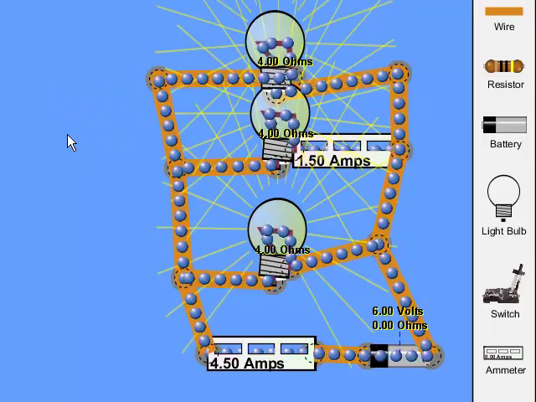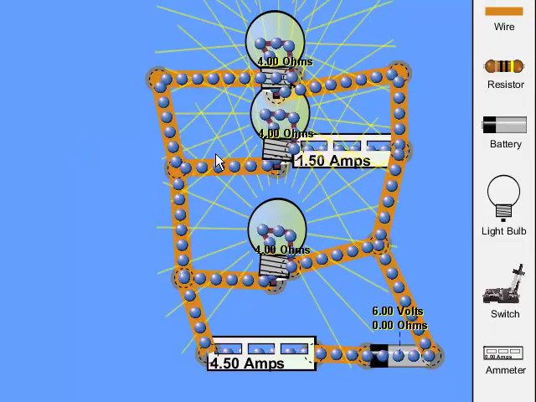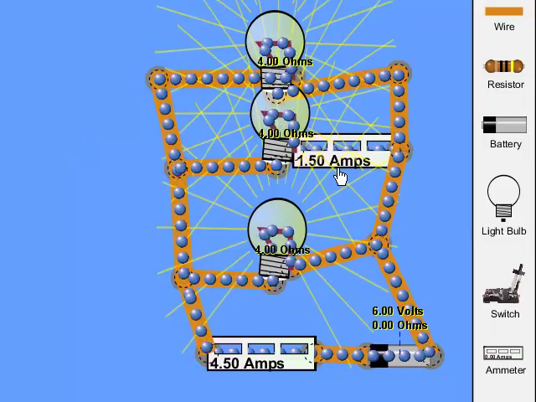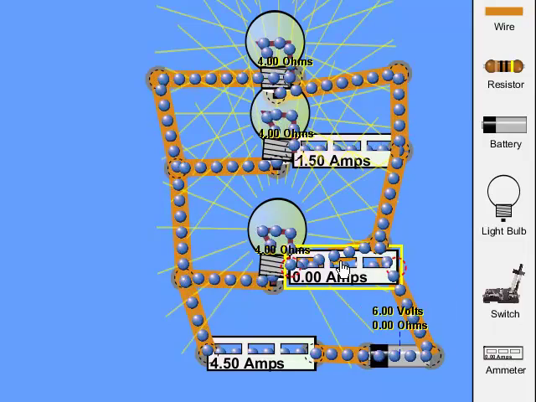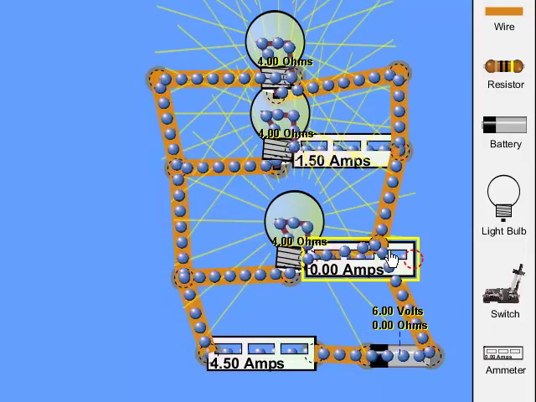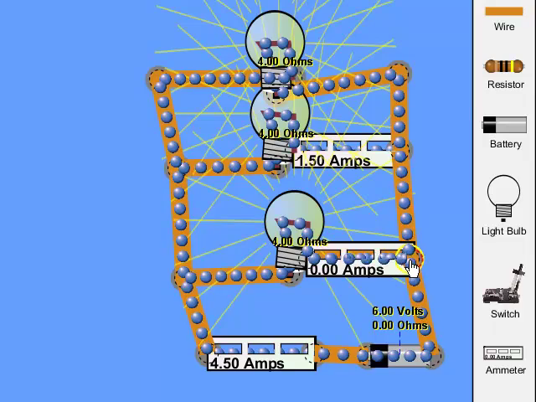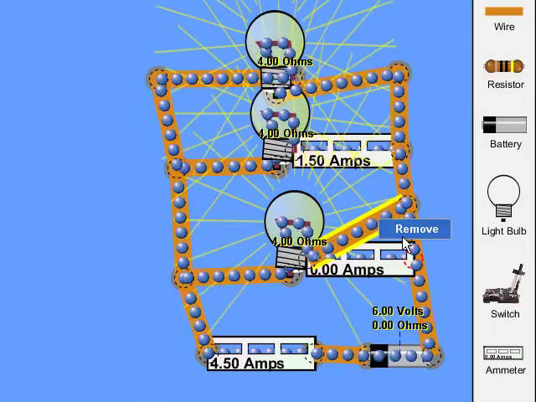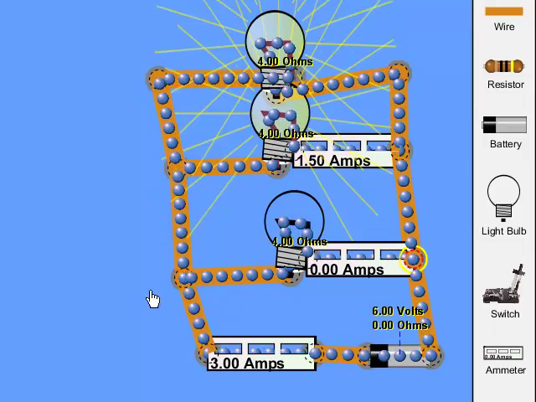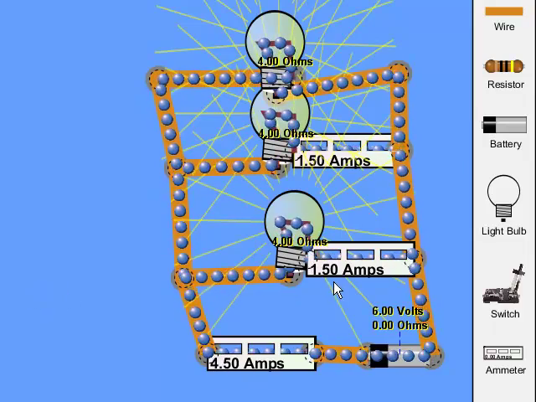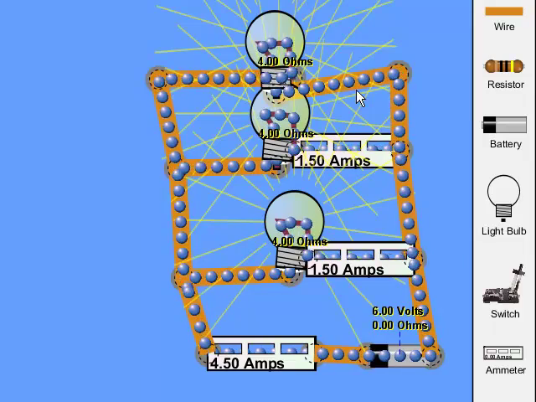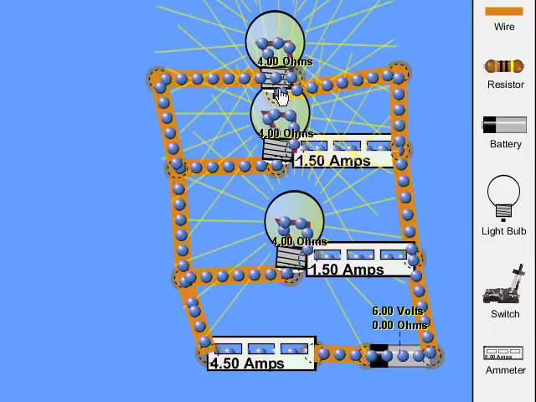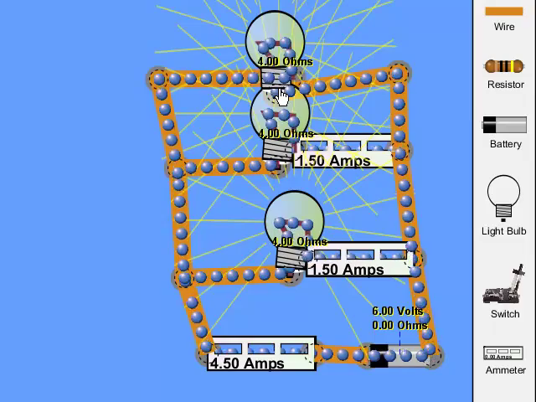Okay, so here we go. 1.5, 4.5, which splits up into 3, 4.5. So if I put this one here instead, I'm not sure if this is going to work here. There we go. 4.5 total, 1.5 in this one, 1.5 in this one, and then I think you can believe that's 1.5 in this one.